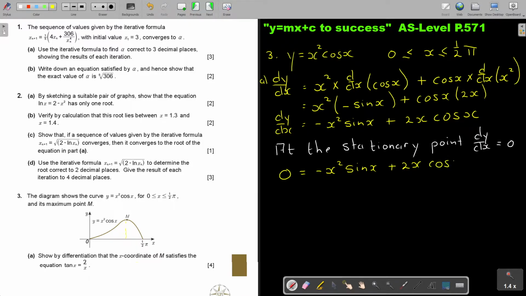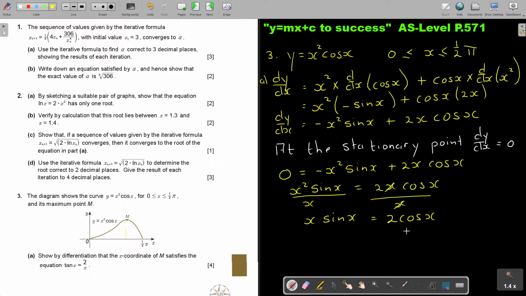Now basically I'm just going to take this over, and that's going to be equal to 2x cos x. First let's get rid of that extra x, and remember it's this one that cancels. So I end up with x sin x is equal to 2 cos x.